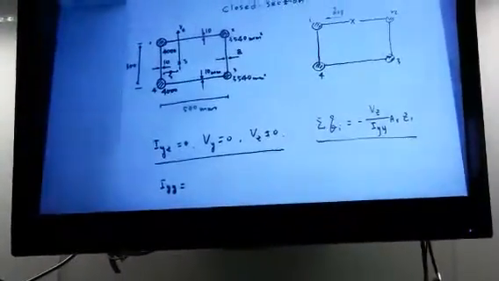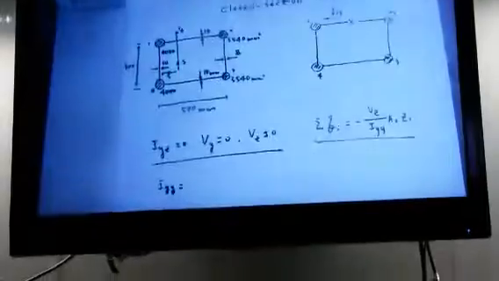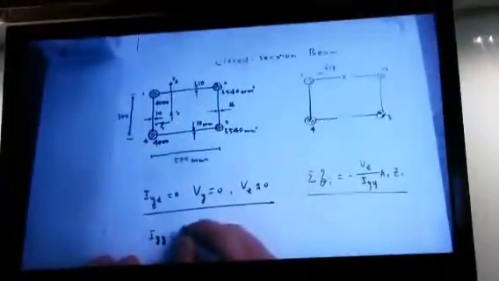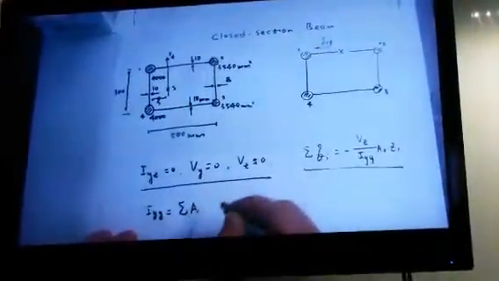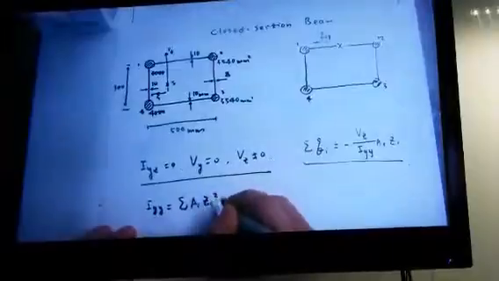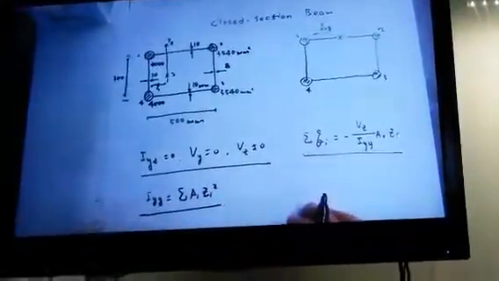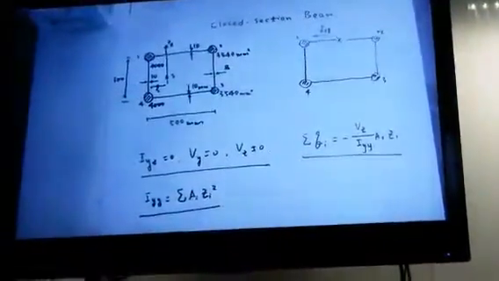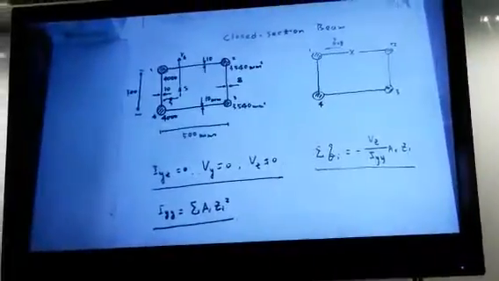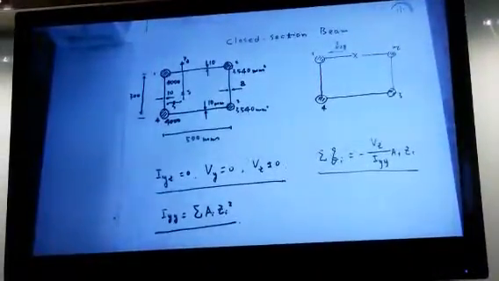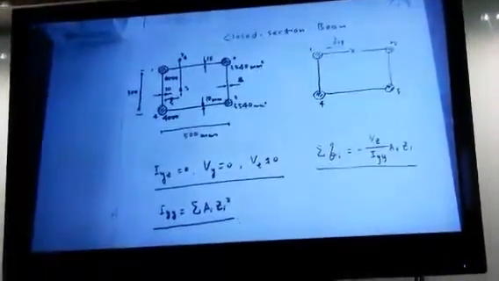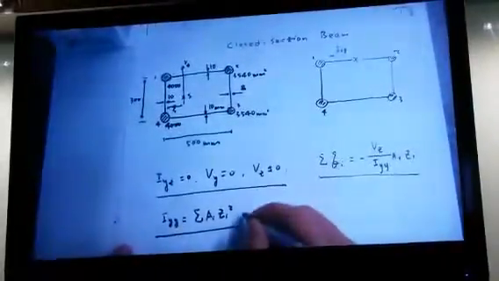Iyy, the moment of area of the whole cross section, is the summation of Ai Zi squared. Because it's symmetric, the center of gravity around the z direction is 0. So that is why we can use Zi squared directly. We have 4 boom areas.